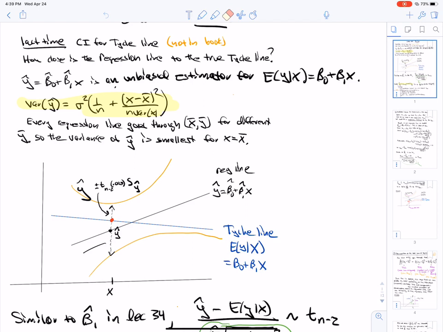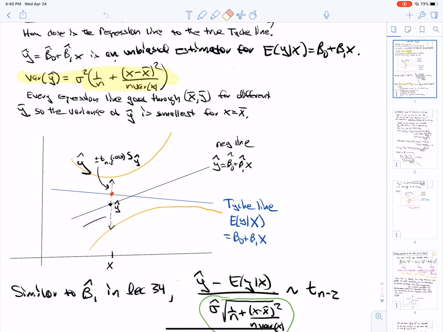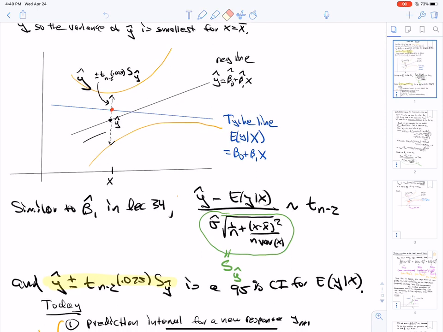and it becomes greater as x gets further from x bar, as you can see from the formula for the variance. So similar to our proof for beta 1 hat in lecture 34, similar to how we showed this for beta 1 hat, y hat minus its expectation, which is the expectation of y given x, over the standard error, is a t distribution with n minus 2 degrees of freedom.